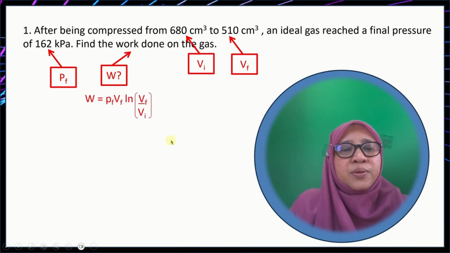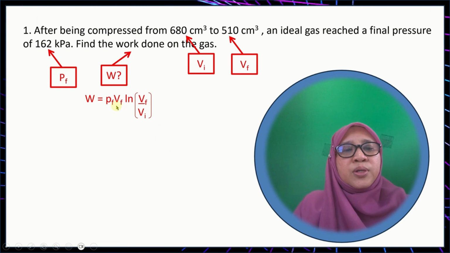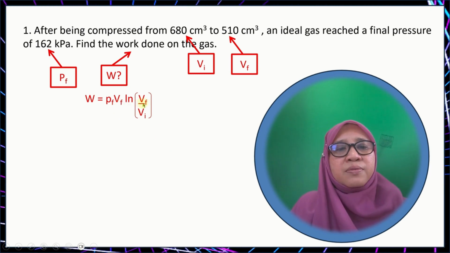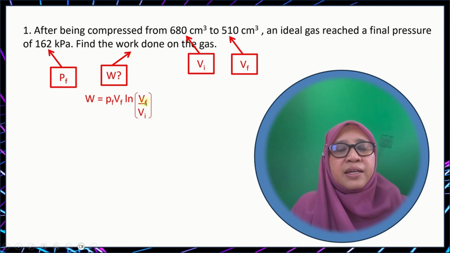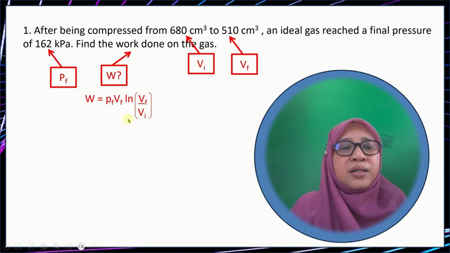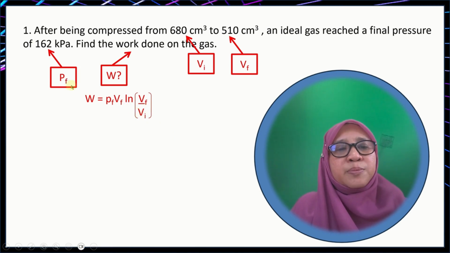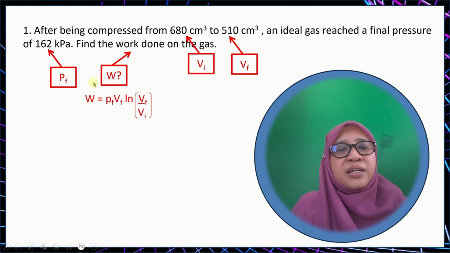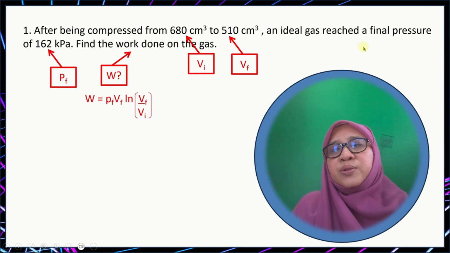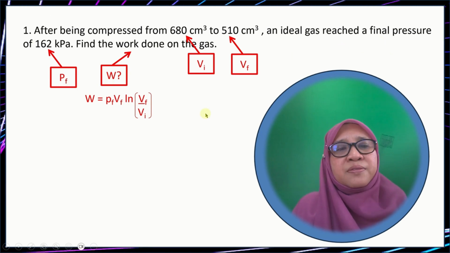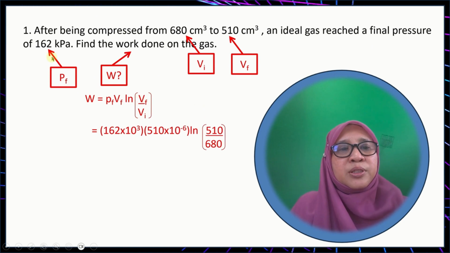We can use the formula work equals PF VF ln VF over VI. We use the formula with ln because the volume changes and the pressure also changes. So we substitute into the formula.